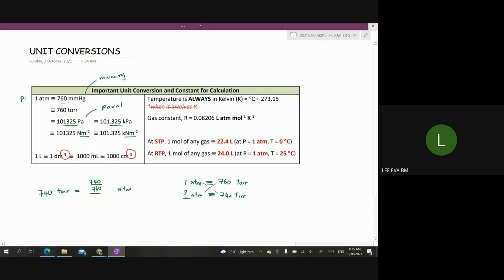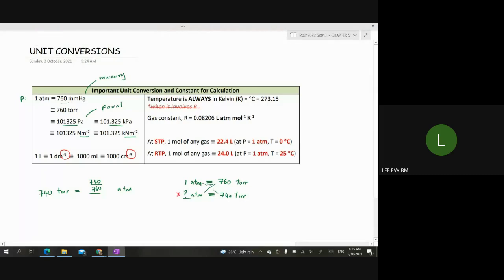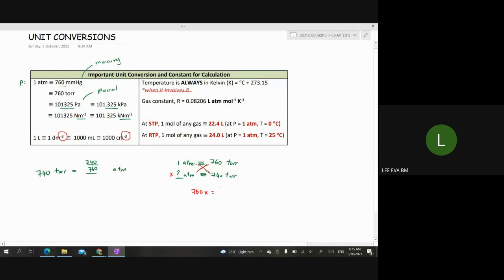Maybe madam put an unknown over here. The value of unknown, let's just put an x. Ini macam simple mathematic lah. Okay, 760x. This one is for those who couldn't understand how to do conversion, yeah? Okay, so 1 times 740. So to find your value of x, you will see, okay, I will get the same pattern. Okay, 740 divided by 760.